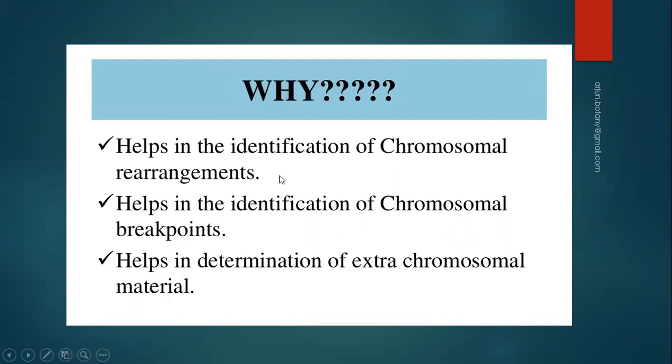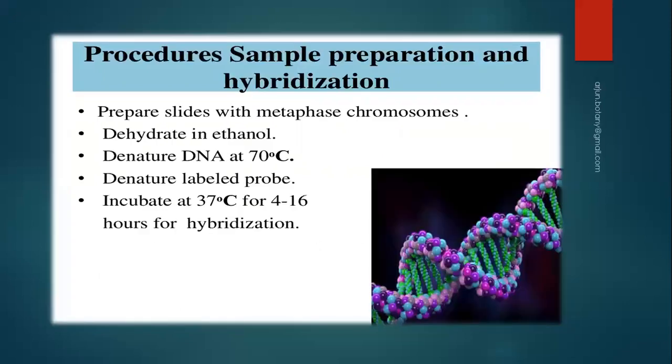Next, it helps in the identification of chromosomal breakpoints and also determination of extra chromosomal material, because in a cell there are many extra chromosomal materials present which can be colorized and visualized by the chromosome painting technique.